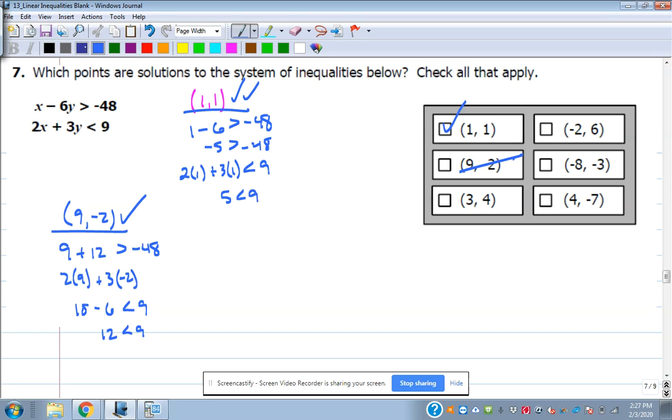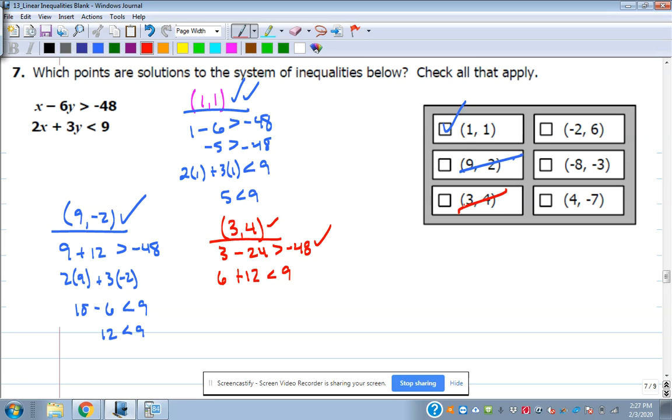And then go to the next one: 3, 4. 3 minus 24. Is that greater than negative 48? Yes. So one check for that one. Let's go to the second inequality. 6 plus 12. Is that less than 9?